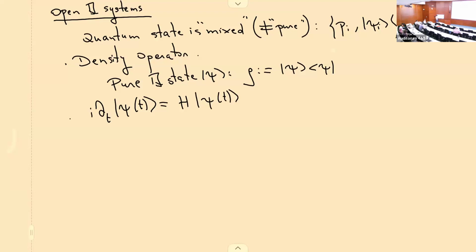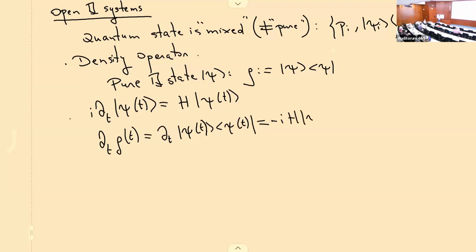Then if I look at d/dt of rho, that would be rho of t, which is the outer product of psi of t with psi of t. Okay, d/dt of psi of t, that's easy: that's minus i H psi of t.